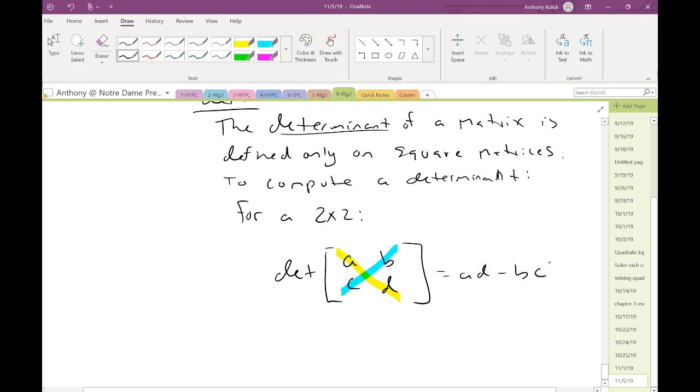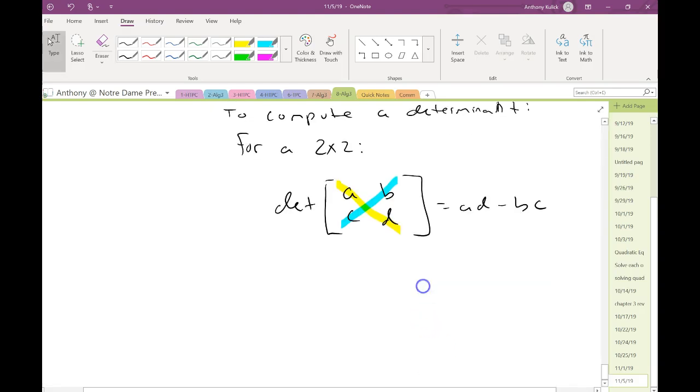That's it. So that's not bad, right? Just basically make a little x. Guess what happens for a 3x3? Things get much, much worse.